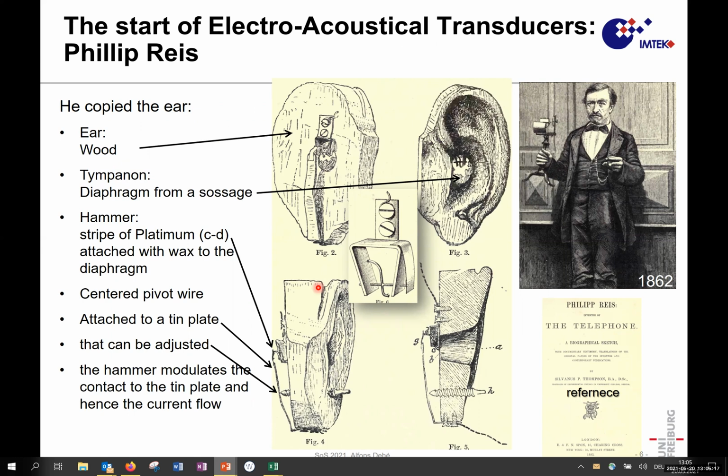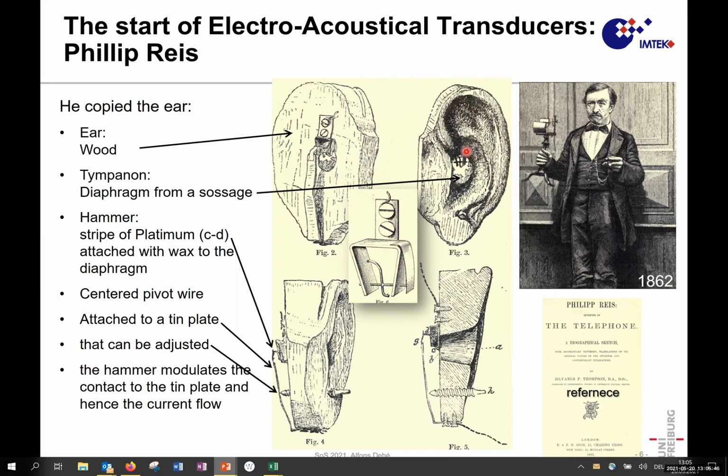Mr. Reis tried to study the human ear and how it is working, and wanted to basically record sound. And what he did, I wouldn't say naive, but he imitated the human ear. A lot of effort in structuring the outer ear from a wooden device, and he puts a diaphragm from a sausage behind the ear.